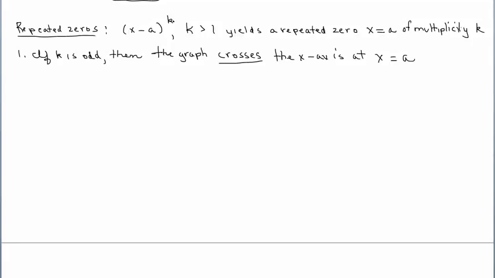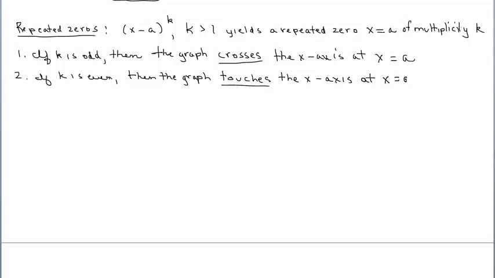If this exponent is odd, like 3, 5, 7, then the graph is going to cross or cut through the x-axis at x equals a. If k is even, like 2, 4, 6, 8, then the graph is going to touch or bounce off the x-axis. It won't cut clean through.